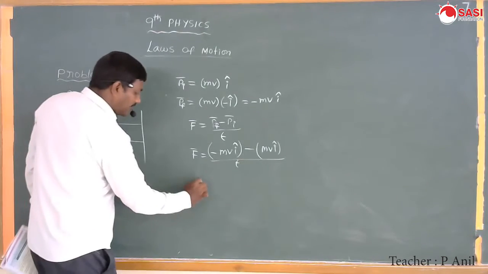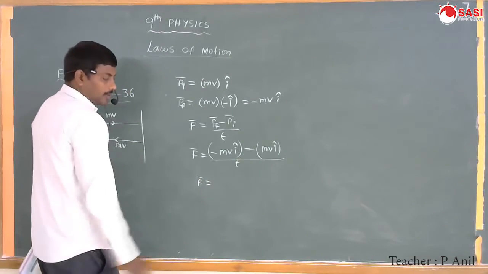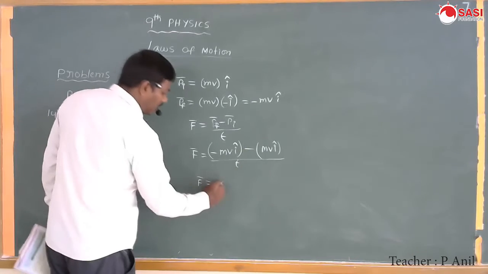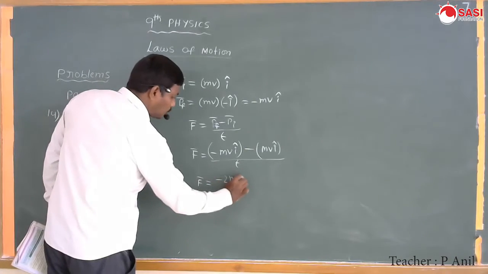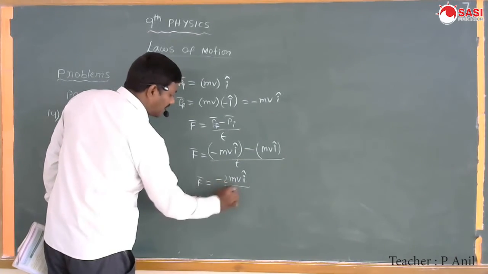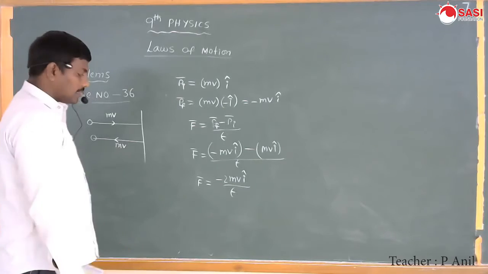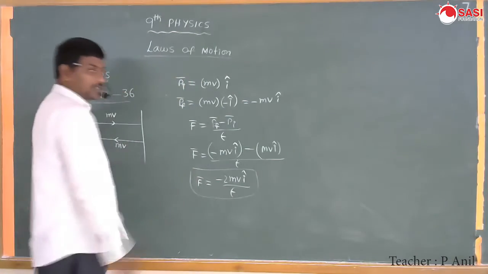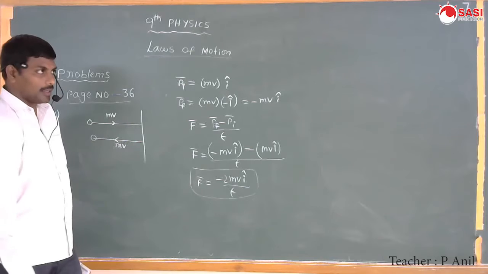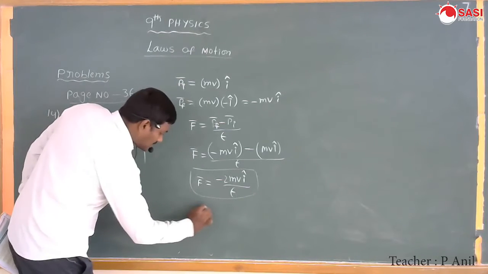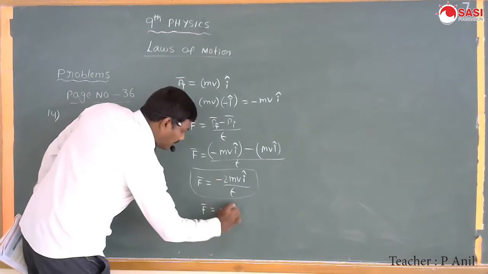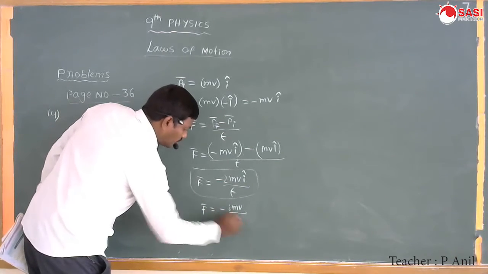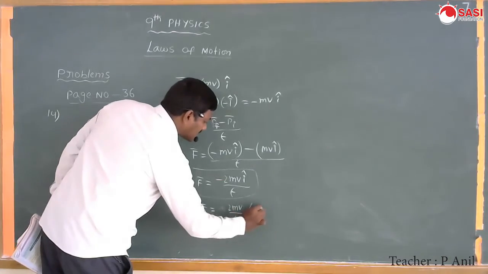F bar is equal to minus mv i cap minus mv i cap, which is minus 2 mv i cap by t. This is the force vector acting on the ball. It is written as 2 mv by t into minus i cap.